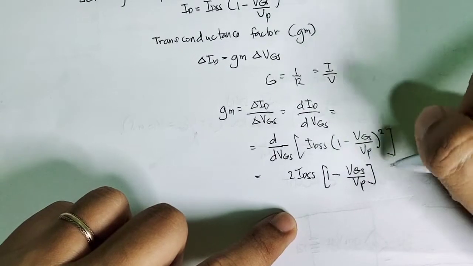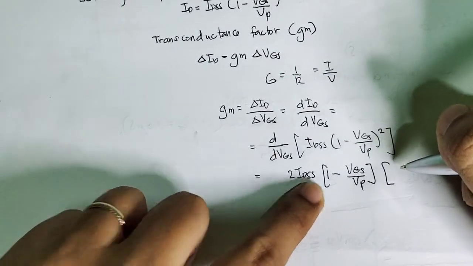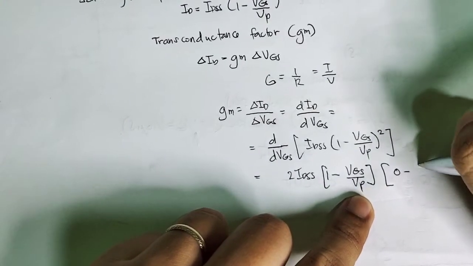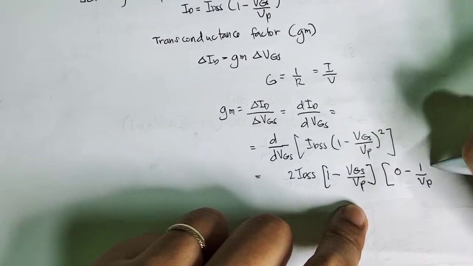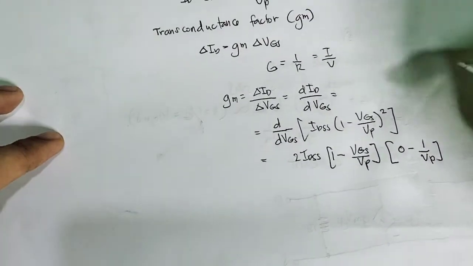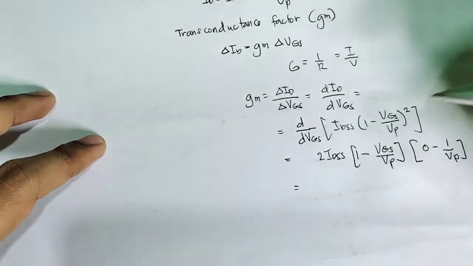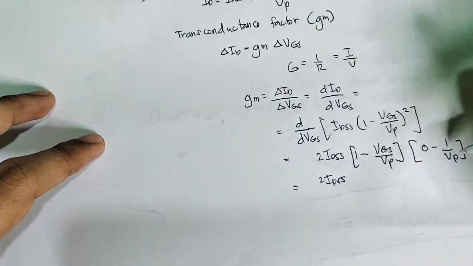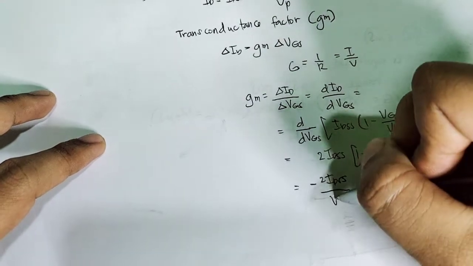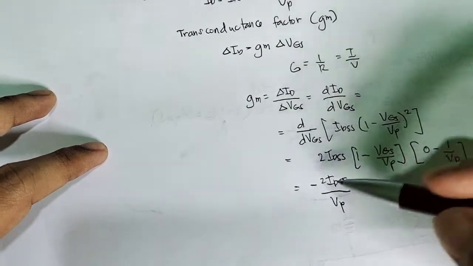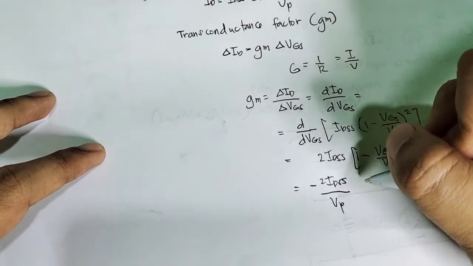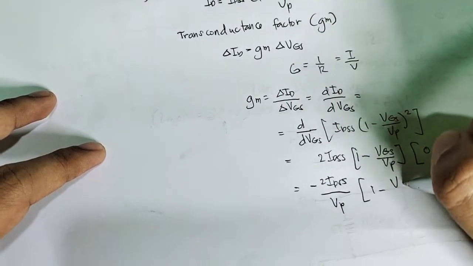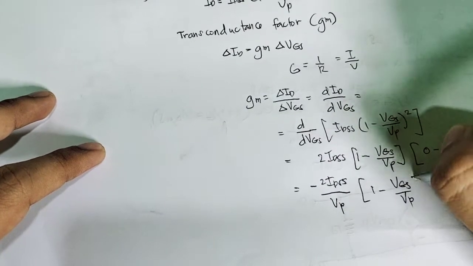The derivative of the constant negative term is negative 1 over V sub P. Simplifying, this will be 2 I sub DSS times negative 1 over V sub P, so negative 2 I sub DSS divided by V sub P times (1 minus V sub GS over V sub P).